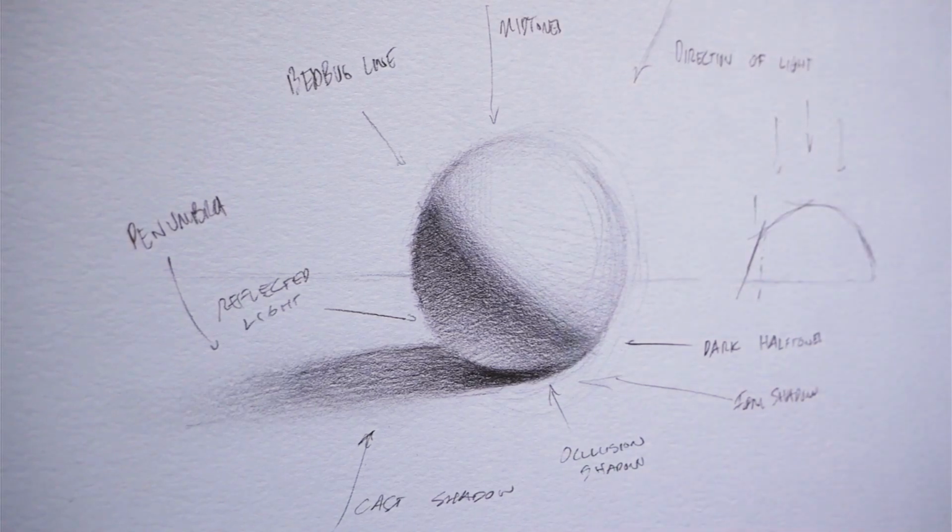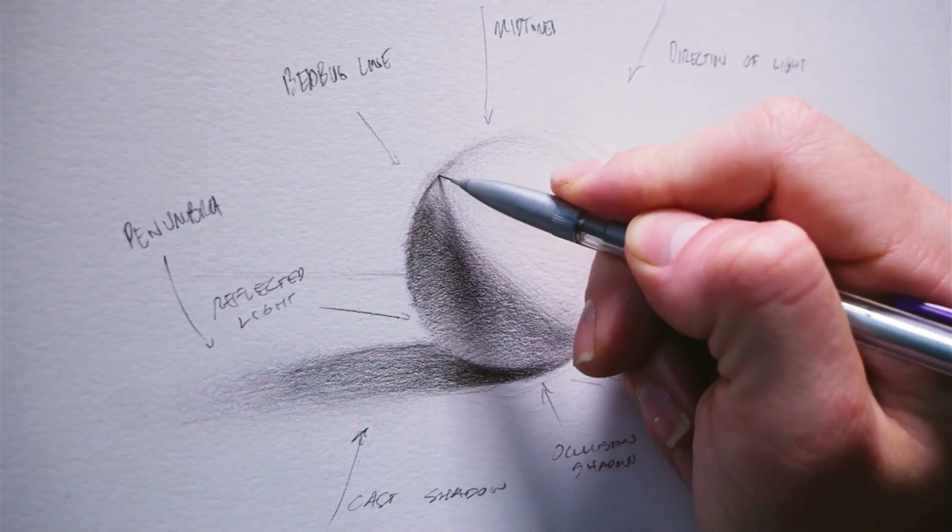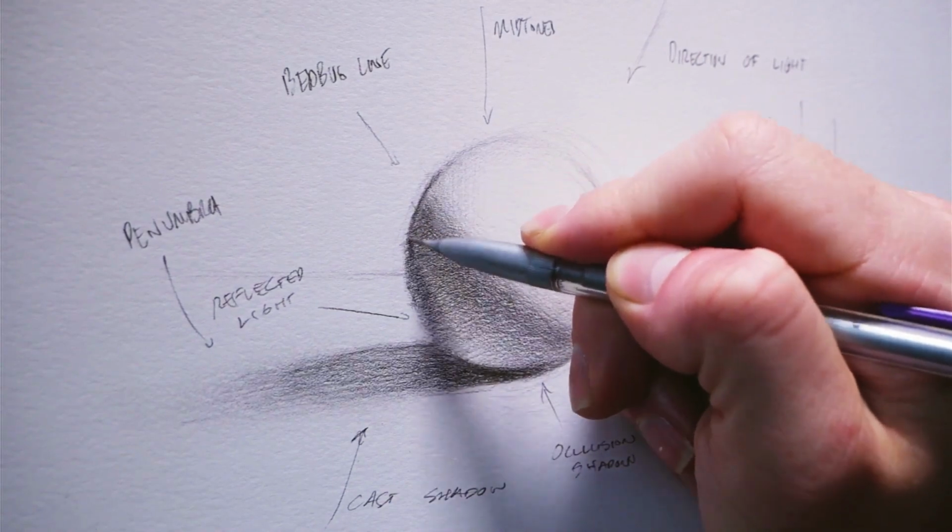And then I'm not going to write out the highlight, just because the arrow ruins the sense of the sphere.